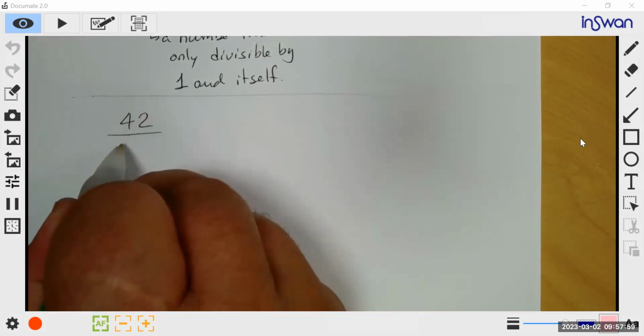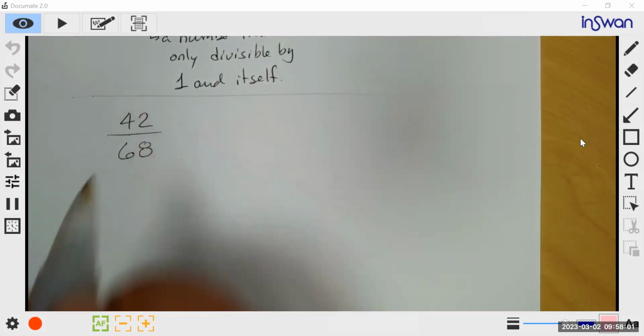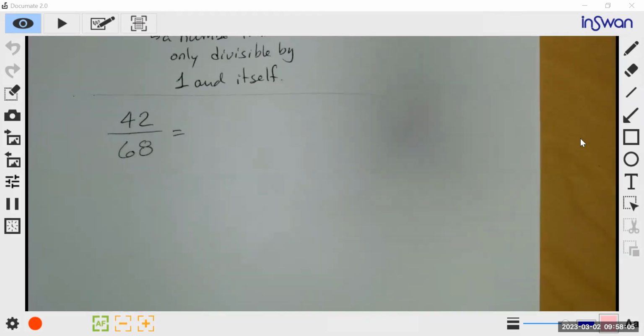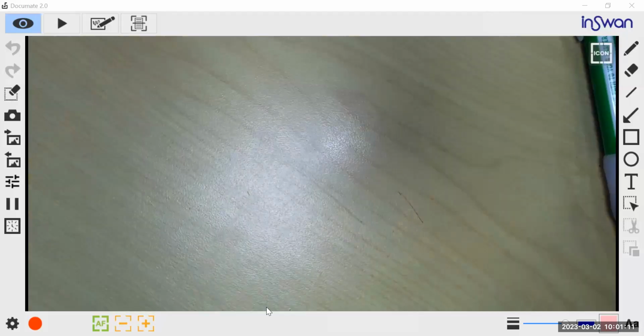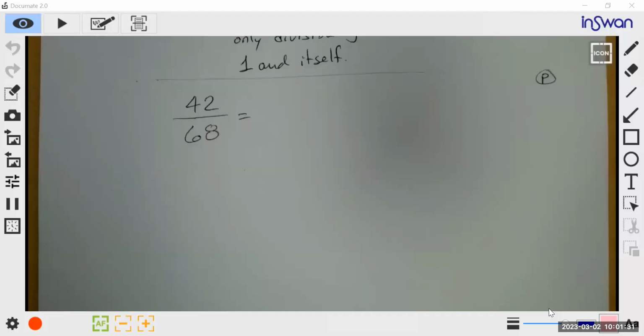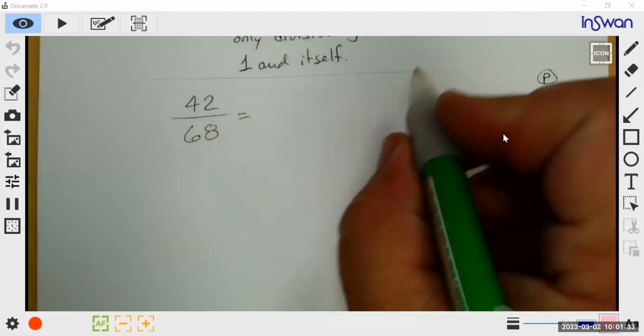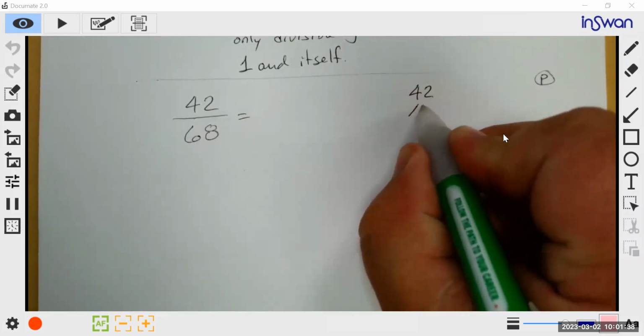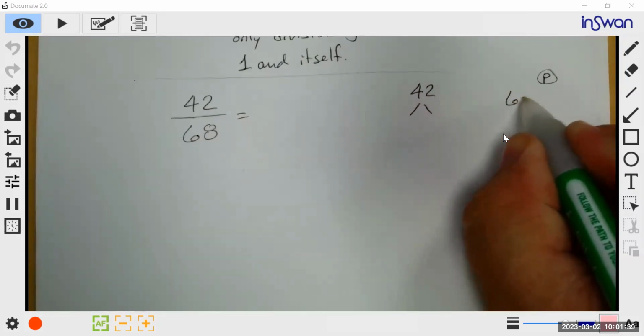42 divided by 68. So the first thing we have to do is find what makes up 42 and 68.